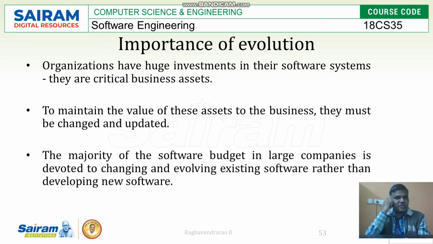If any changes are going to be there, they have to get updated in that. Majorly the budget is kept for the evolution stage. So instead of a completely new implementation, the existing system only gets modified. For that purpose they need the money, or we can say budget is allocated for that, not for the new system.